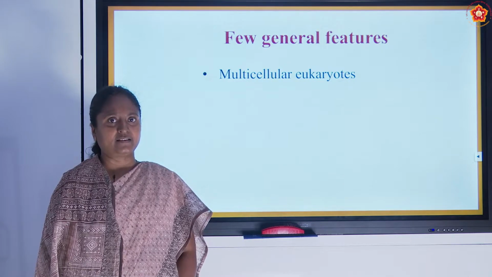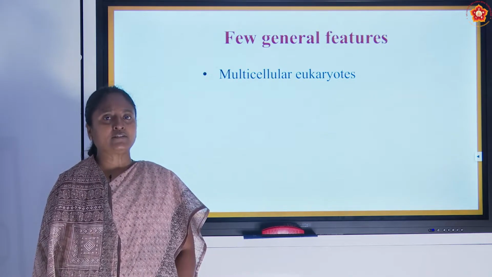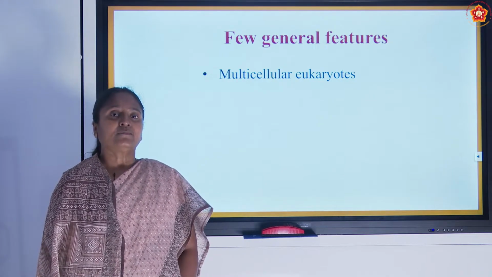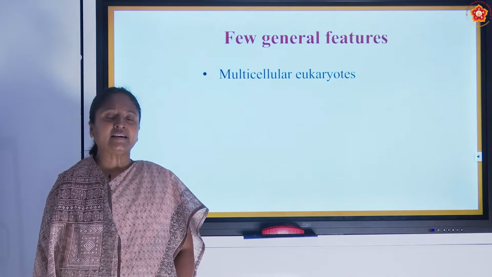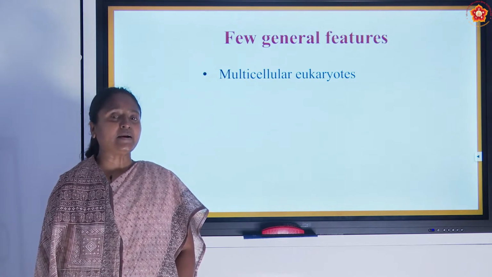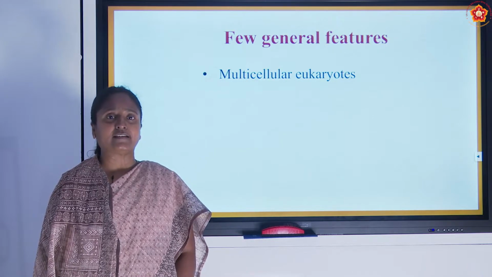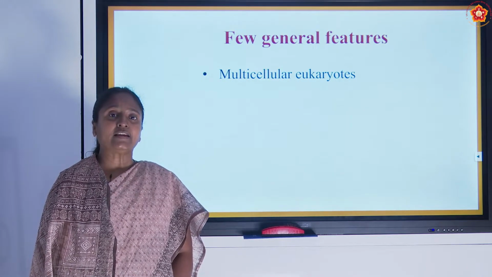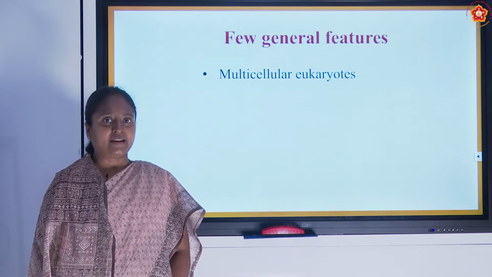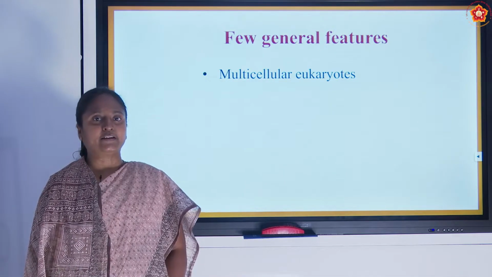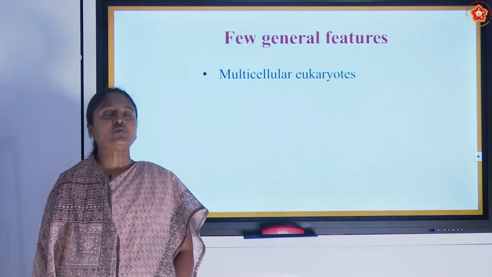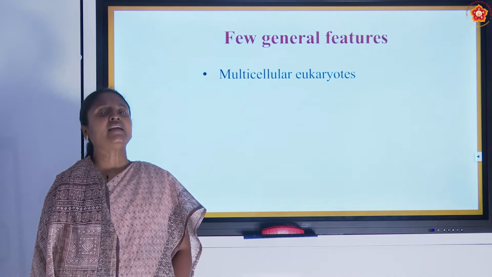Here I will give you a small example. Bacteria also have genetic material, but they do not have a nucleus, right? They have a nucleoid structure. But in animals, all belong to eukaryotes, that is, a true nucleus can be seen in the cell.